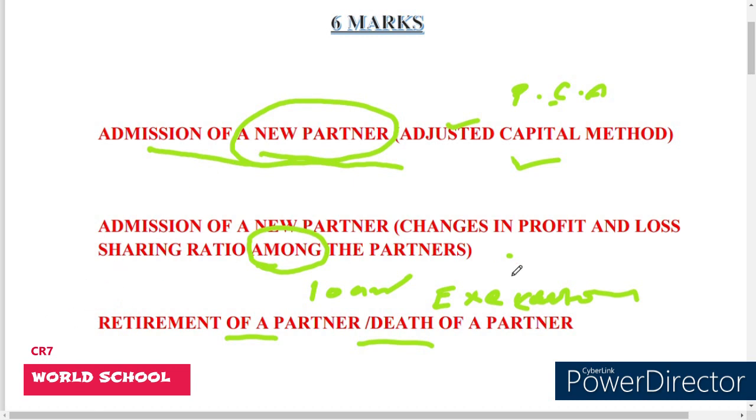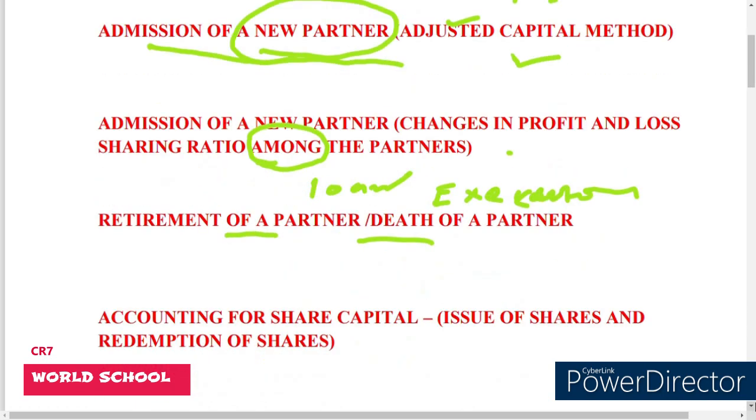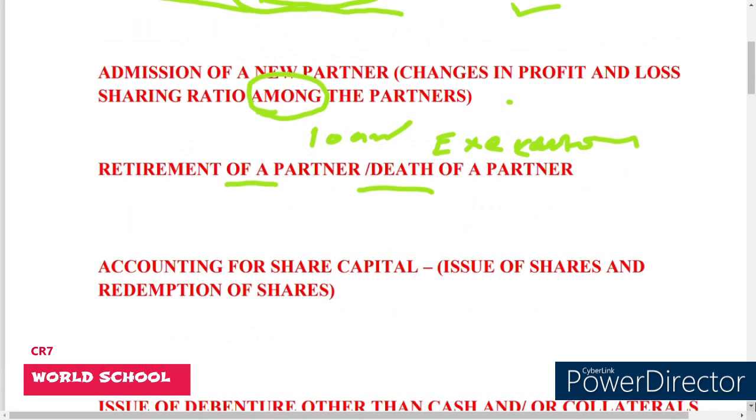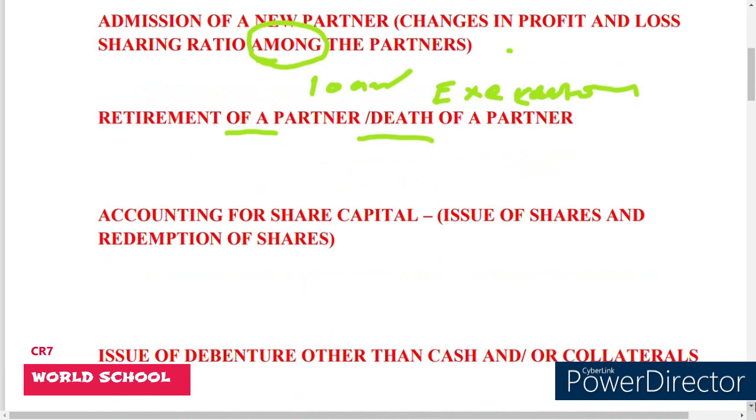Apart from these areas, a question will fall in accounting for share capital, which is in NCERT 2nd volume: issue of shares and redemption of shares. Definitely one 6-mark question will come from this chapter.